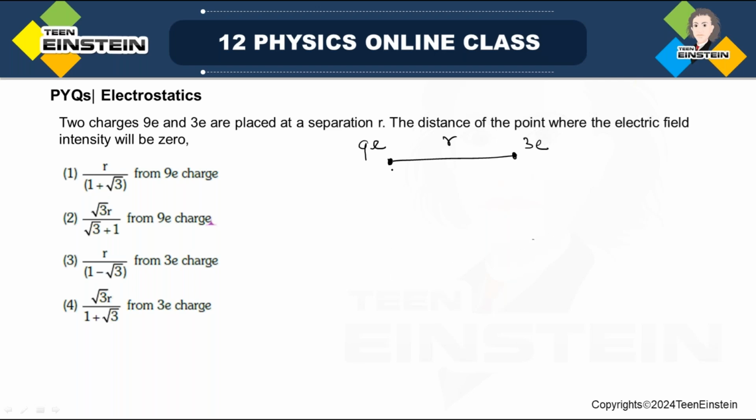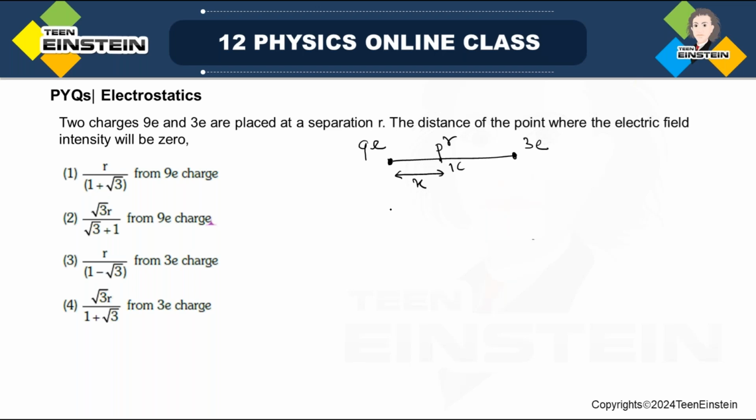So now let us say at a point P, which is x distance away from the 9e charge, there will be 0 field intensity. That means the force on the 1 coulomb charge exerted by this 9e charge and the force exerted by the 3e charge will be balancing each other, isn't it?